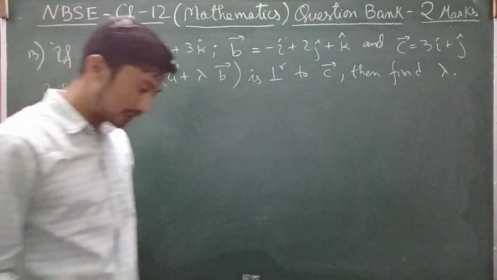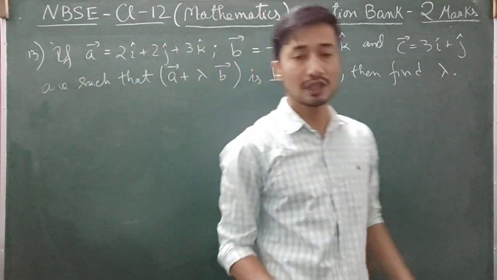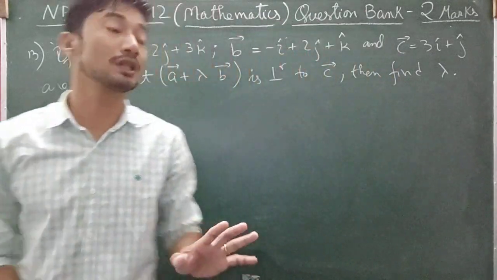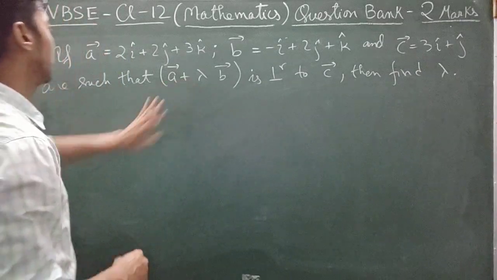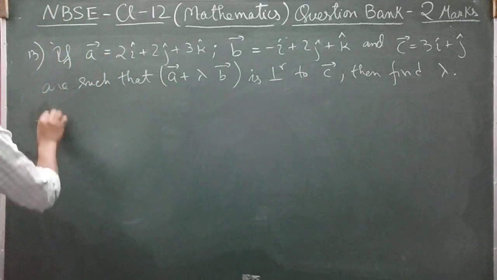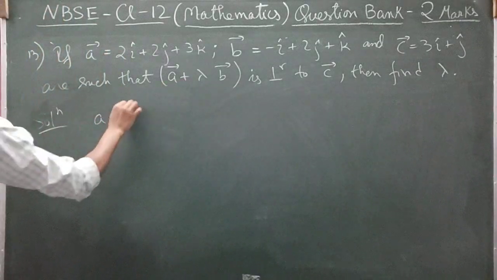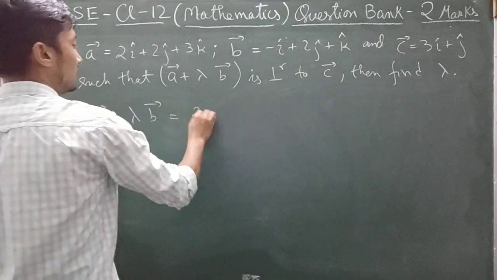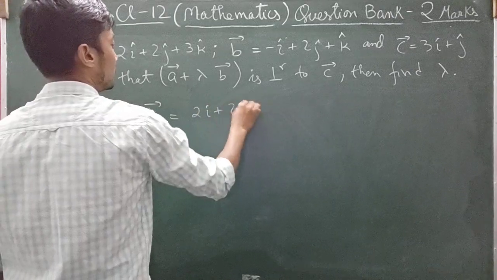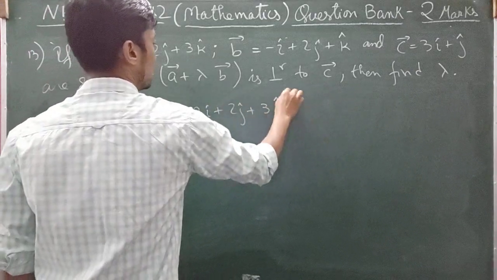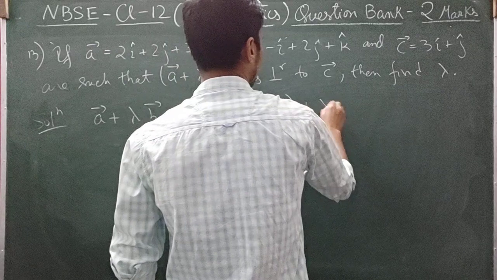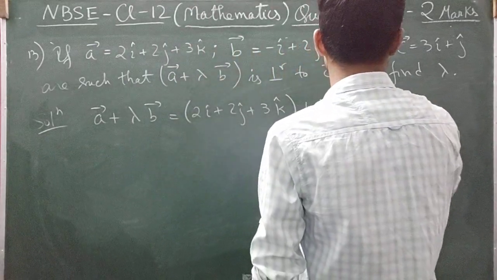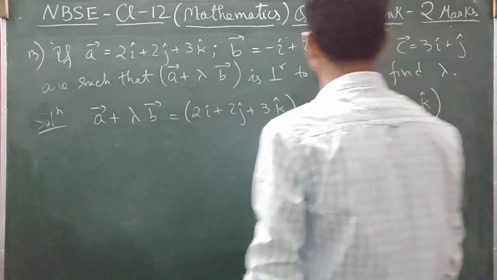If we remember vector algebra, two vectors are said to be perpendicular if the dot product is equal to 0. So we're going to be using that particular concept. But before that, let's first find out A plus lambda B. A is 2i + 2j + 3k, plus lambda into B, which is minus i + 2j + k.